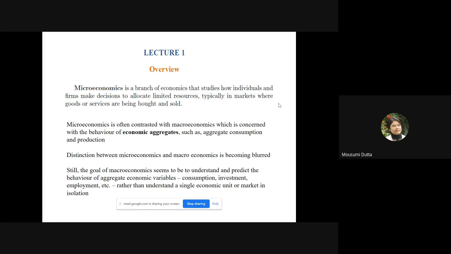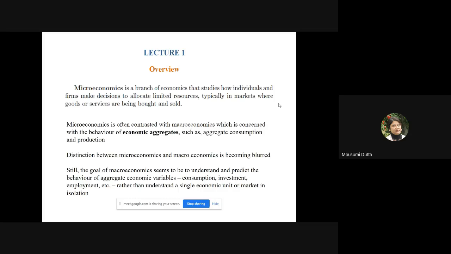Now, in your entire course, there are 3 microeconomics courses as well as 3 macroeconomics courses. In these 3 microeconomics courses, in this first course, we will mainly focus on consumers and producers. In the next semester, our focus will be on different types of commodity markets as well as different types of factor markets.